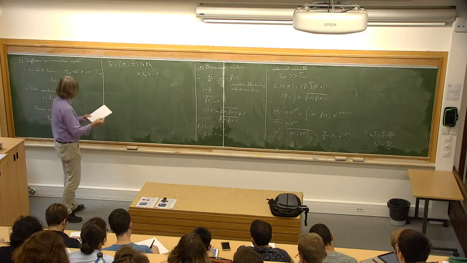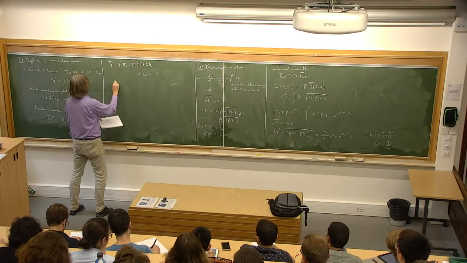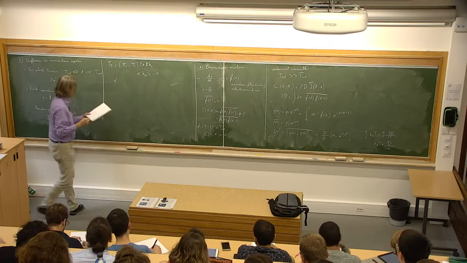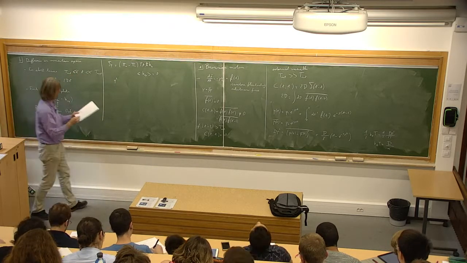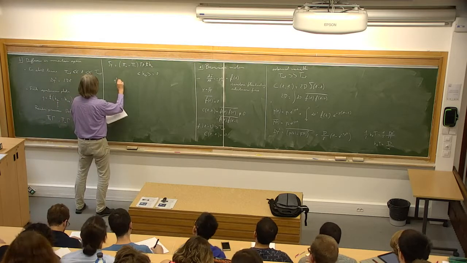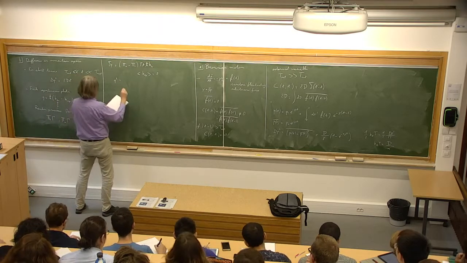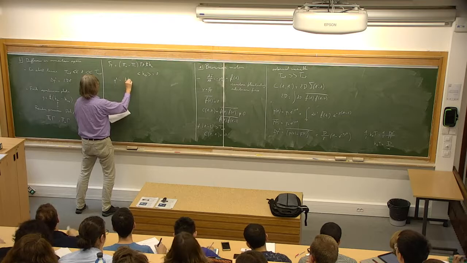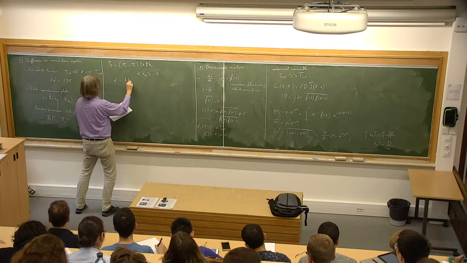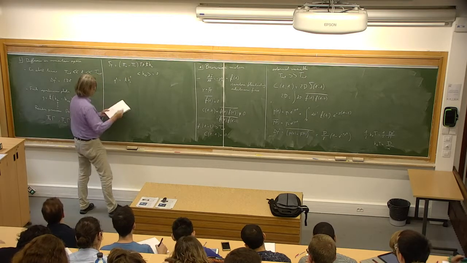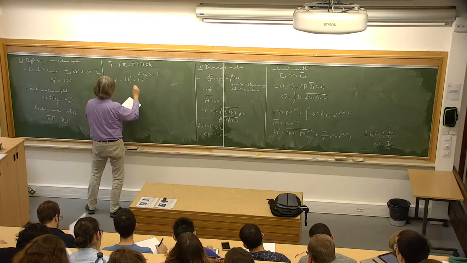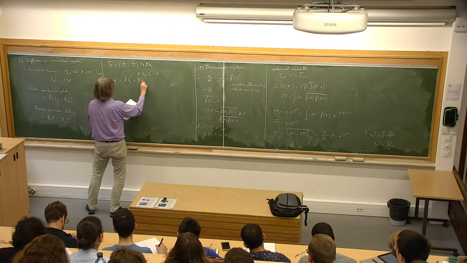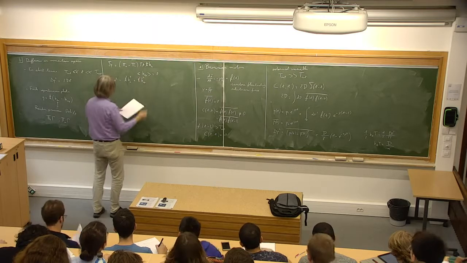Okay, but if now I look at the squared value of the kick, then I have something which is h bar kL squared plus h bar squared k spontaneous squared.